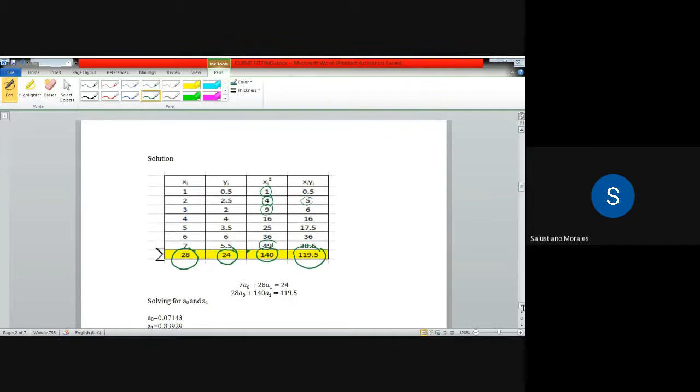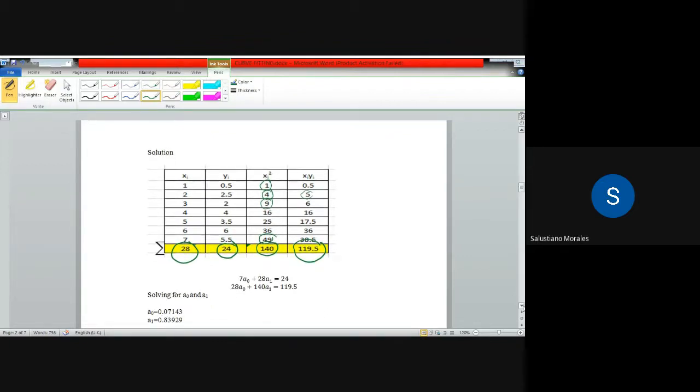And if we go back with the formula that we derived and substitute these values, we have now this one. So ipakita ko lang yung formula na A0 n plus A1 times the summation of xi equal to summation of y sub i. Ito yung unang equation natin. So ilan ba yung value ng n natin?